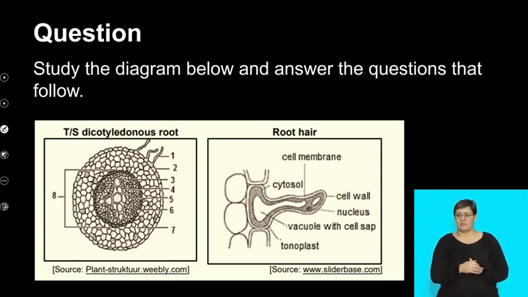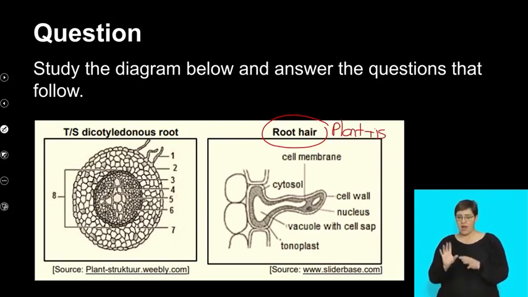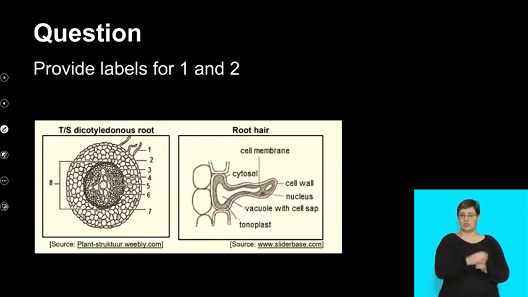So we're linking again the root, and where did we do the root hair? Go back to plant tissue. So all of them are going to interlink with each other. So the first question, provide labels for 1 and 2. Now 1, that's the root hair. That's what you're going to say.